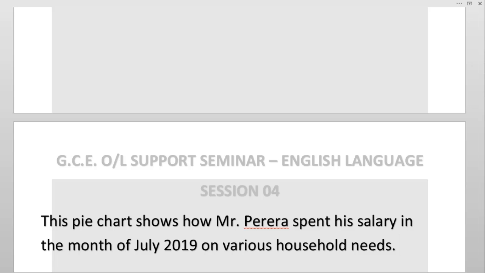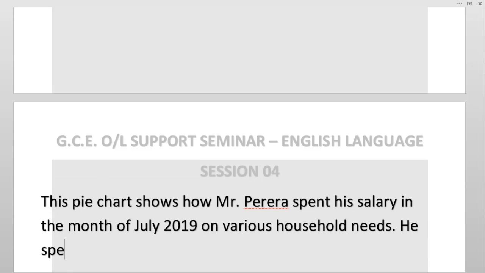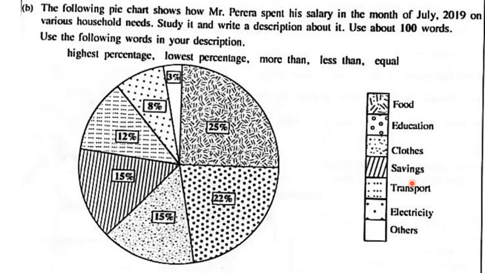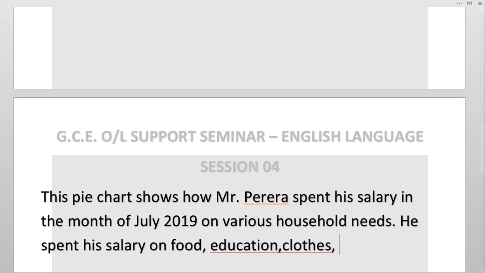Okay, so you can say he spent his salary on, what are the things? Food, education, then you have clothes, what else do you have? Savings, transport, electricity, right?